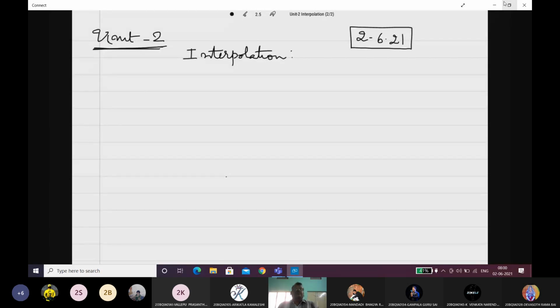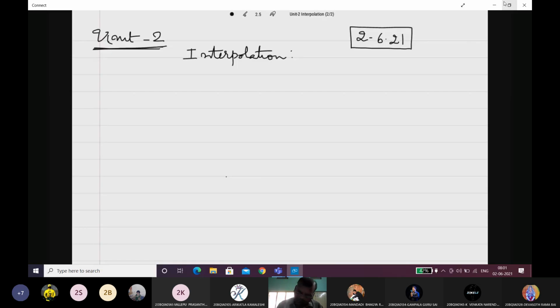Now, today we are moving to unit 2, which is known as interpolation. Before starting interpolation, we have to know how to draw the graph, how to find the sketch of the graph. That is very similar.